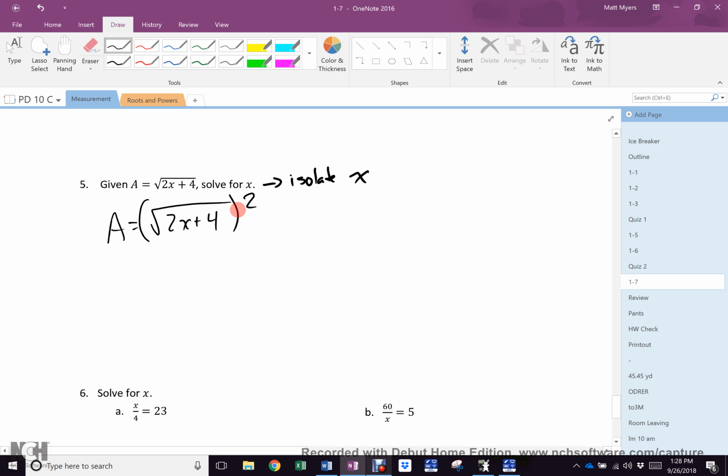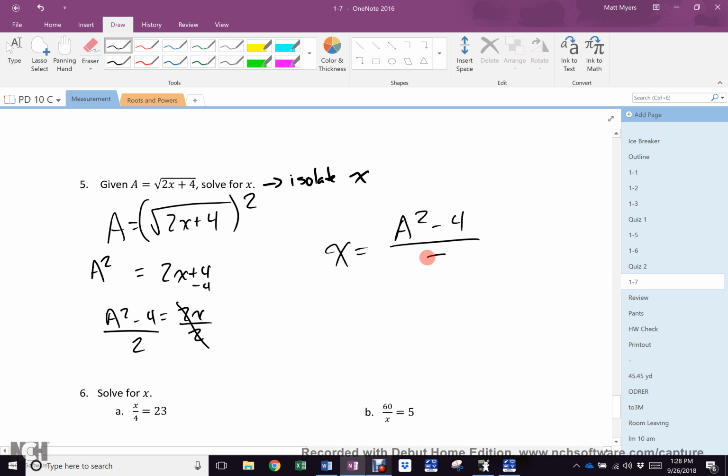If I square this side, that gets rid of the square root, 2x plus 4, but I must square the other side. Then minus 4: a squared minus 4 equals 2x. Divide by 2, divide by 2, cancel, x equals (a squared minus 4) over 2.